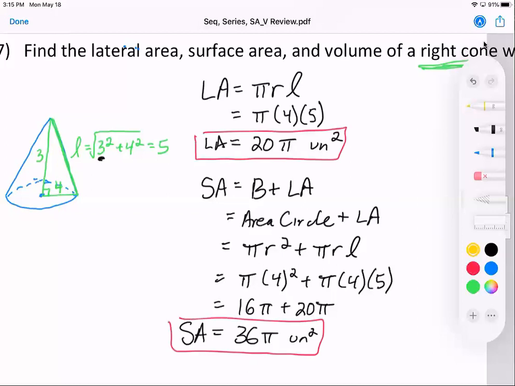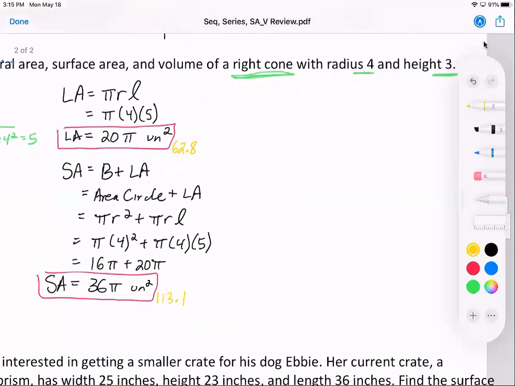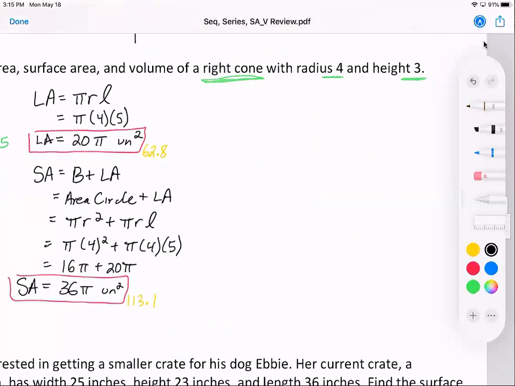In case you're interested, 20 pi is 62.8 square units, and then 36 pi is 113.1 square units. And then lastly, we have the volume.